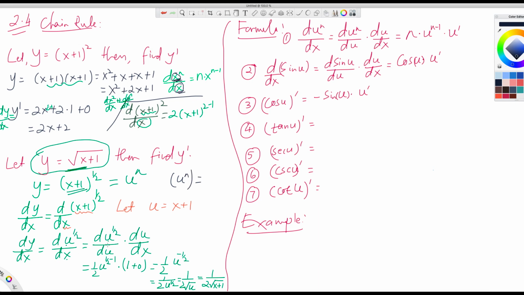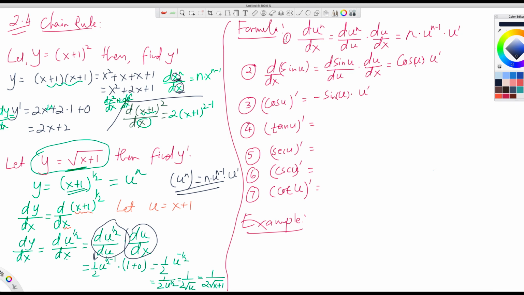We used n times u to the n minus 1 times u prime. That's what I was using. So that is the updated power rule.